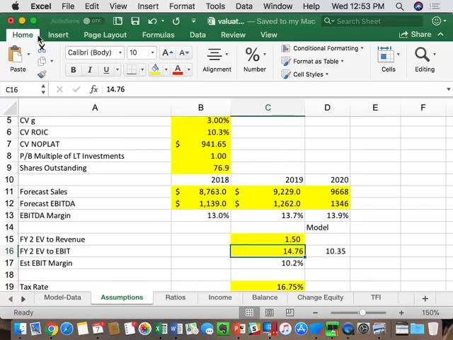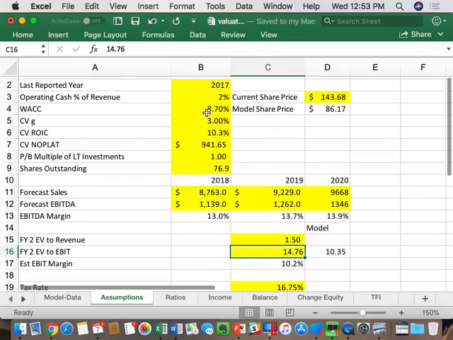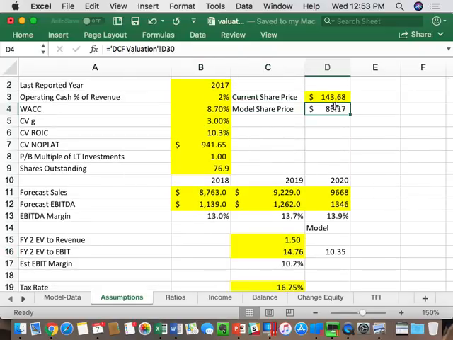Well, let's see. Let's make it 2%. Oh, wrong one. Let's make it 2%. Nope.